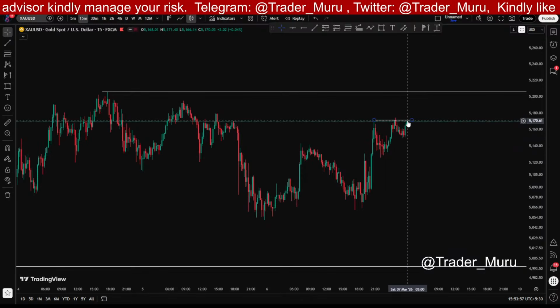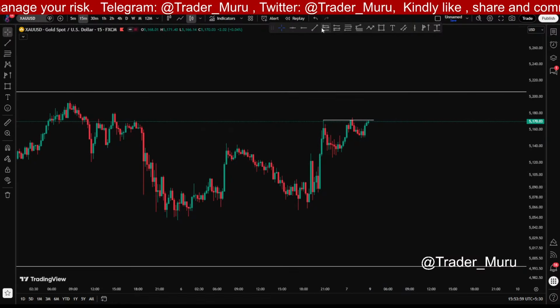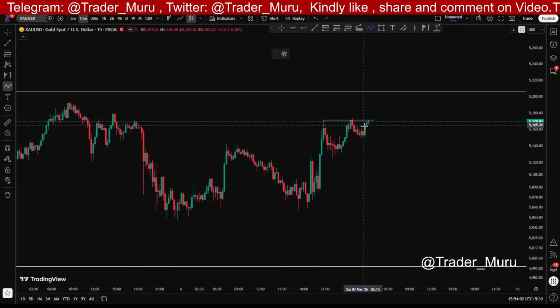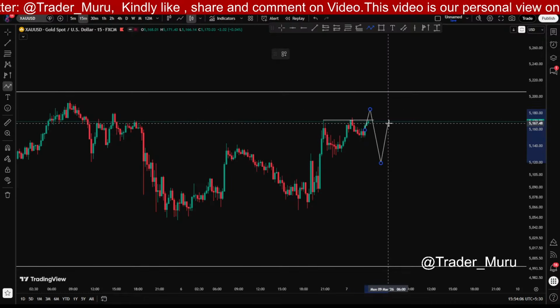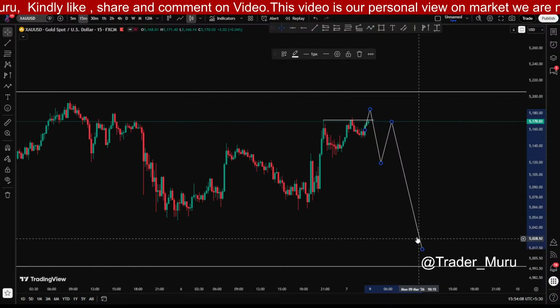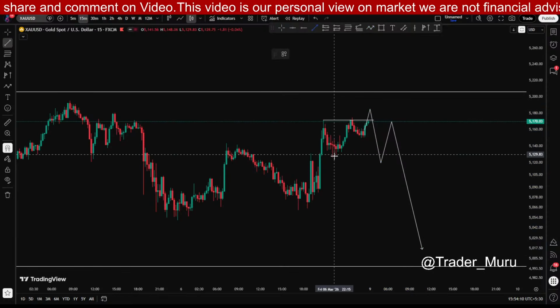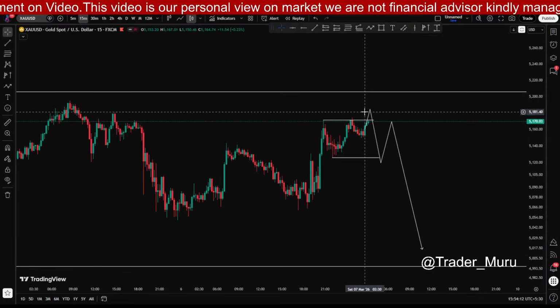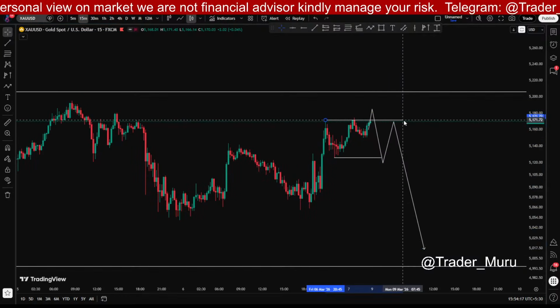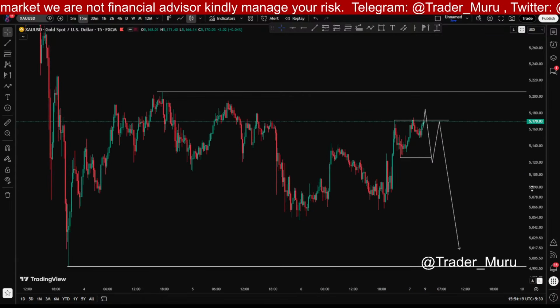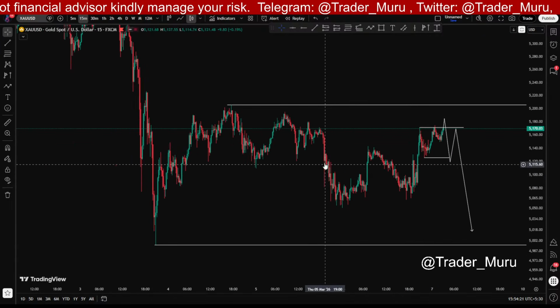And if you want to short here, the best thing will be a sweep and this one, change of character. We need this one. If price wants to drop from here, it will do something like this, just like this.